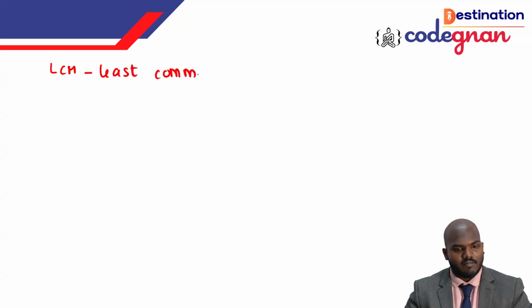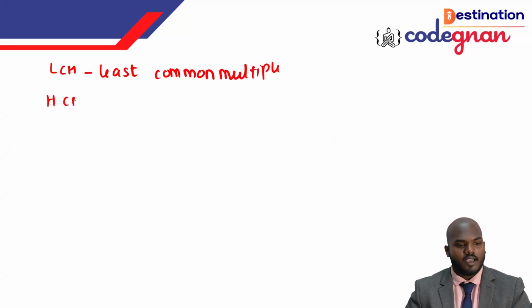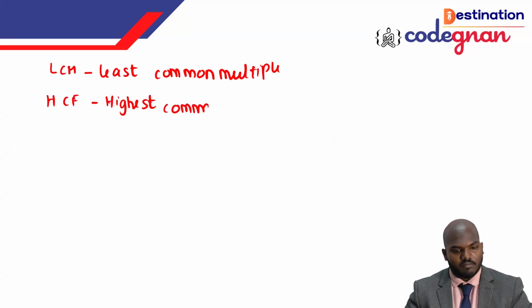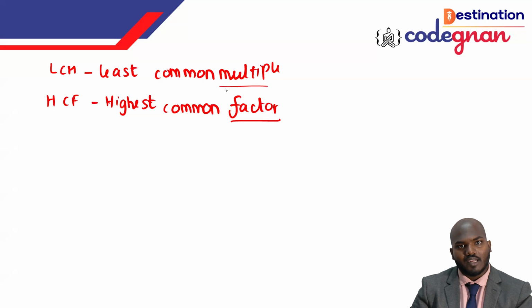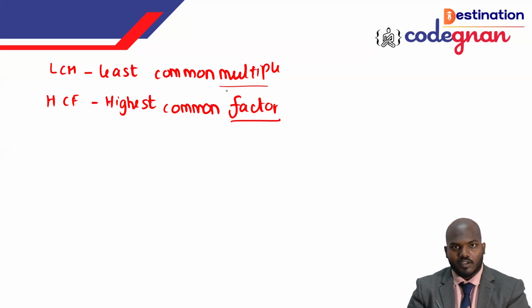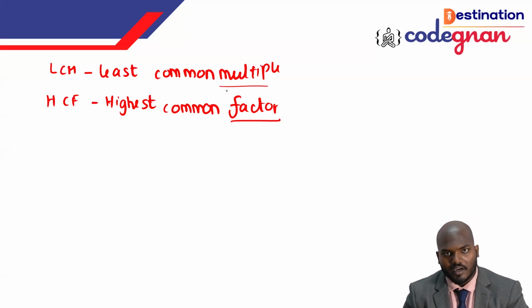And HCF stands for the highest common factor. I just want to explain this in a common way in terms of factor and multiple. You want to find the common multiple that is the least number, and at the same time you want to find the maximum of the factors.